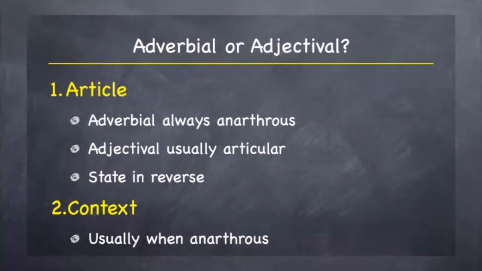Adjectival participles are usually articular. Okay, so all the words are important. Adverbial participles are always anarthrous. There's never going to be an article right in front of an adverbial participle. Adjectival participles, not exclusively, but usually, are articular. That's how you make the decision.